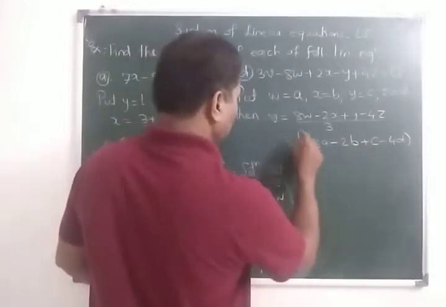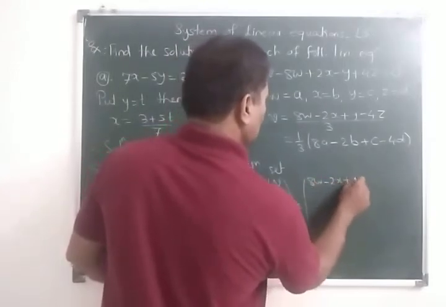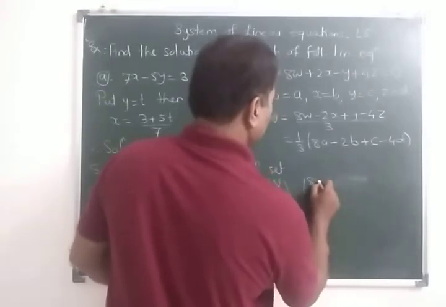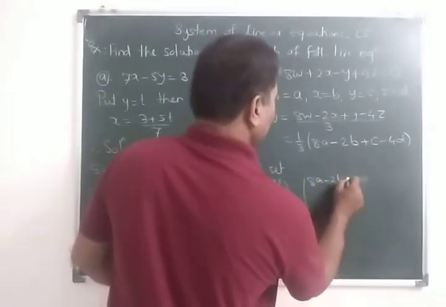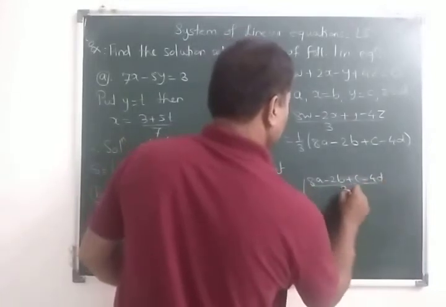What is your v? (8a minus 2b plus c minus 4d) by 3.